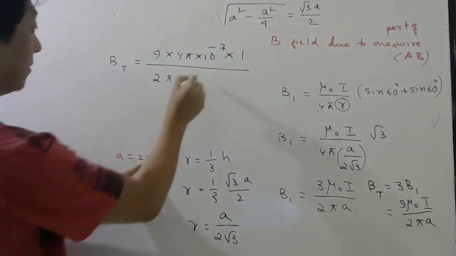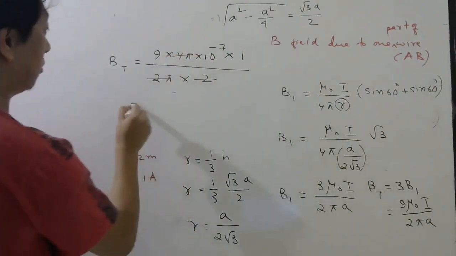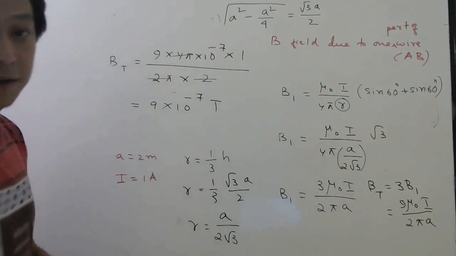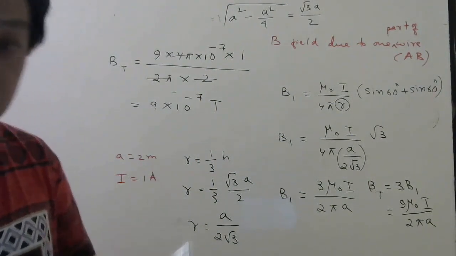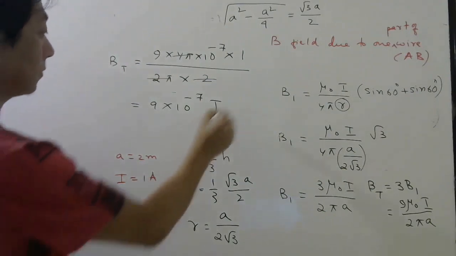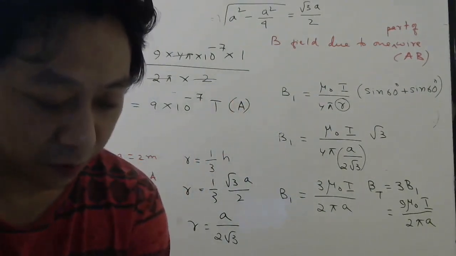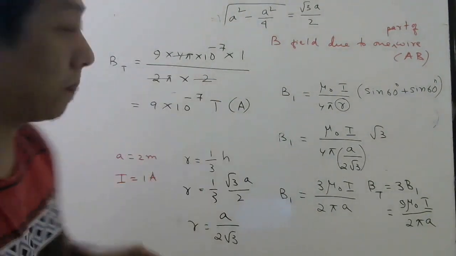Side was 2 meter. So 2 2s are 4. So this 4 pi will cancel with 4 pi. So 9 into 10 power minus 7 Tesla. Okay. So which option does it match with? Option A. Fine. So simple application of the formula of magnetic field due to finite wire.